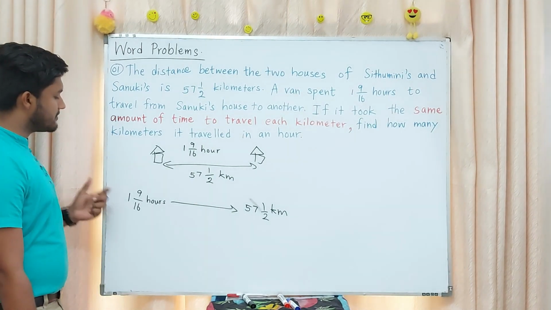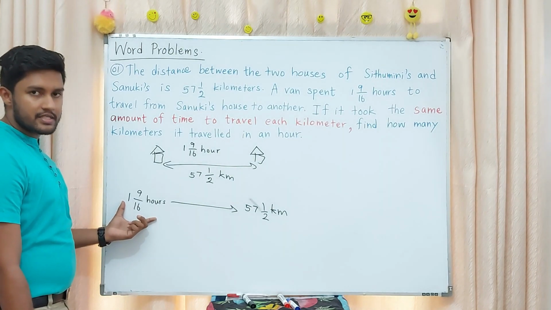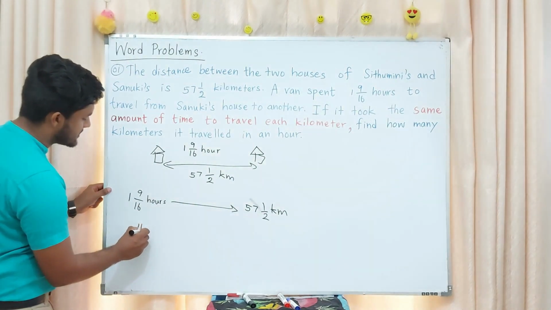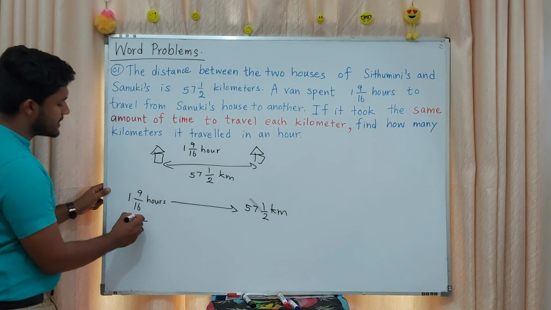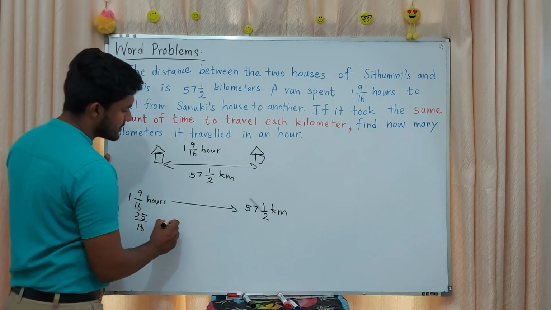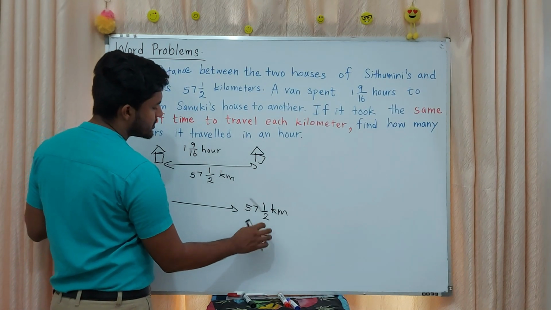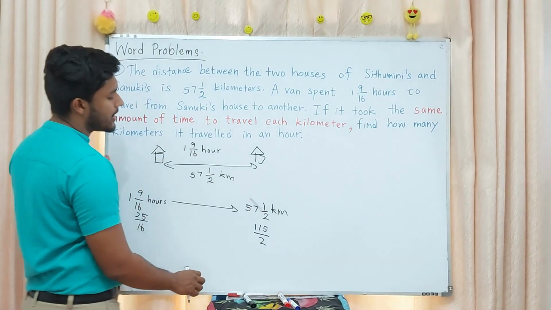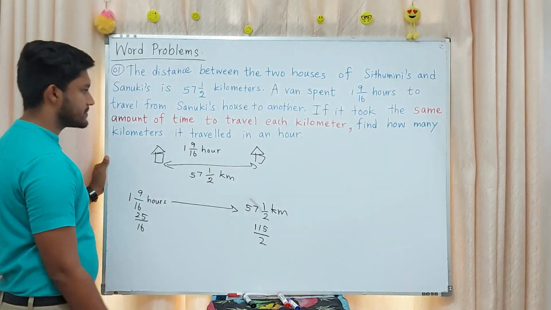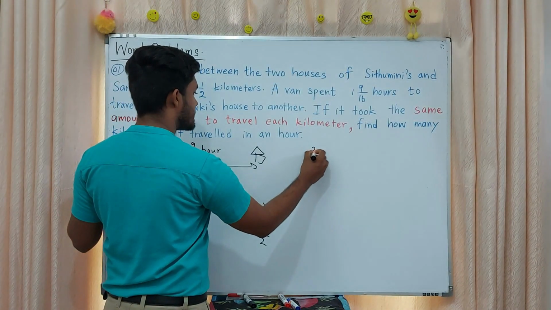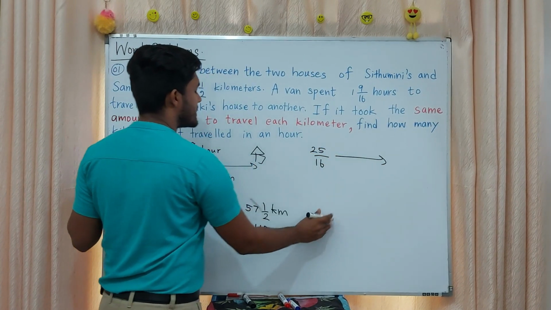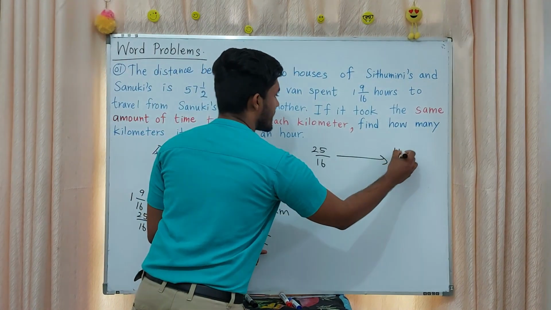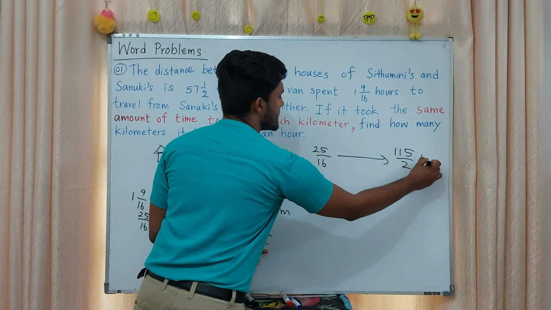You know that we want to convert these mixed numbers into improper fractions. 16 into 1, 16 plus 9, 25. Then here 2 into 57, 115 divided by 2. Then we know that 25 over 16 hours has been taken to travel 115 over 2 kilometers.